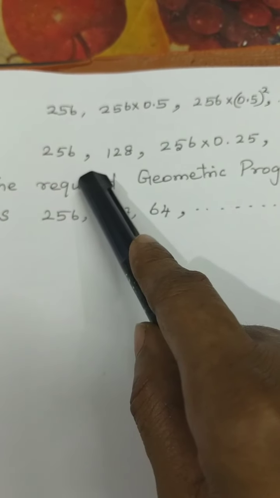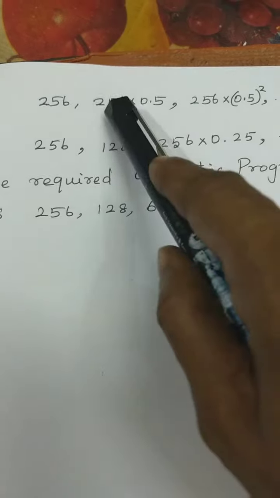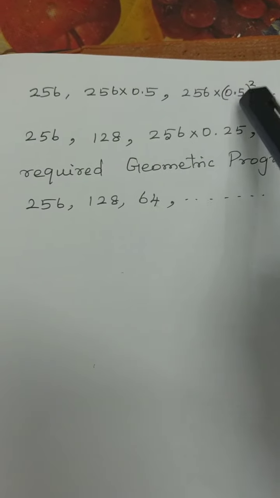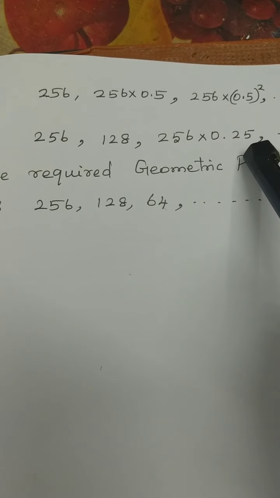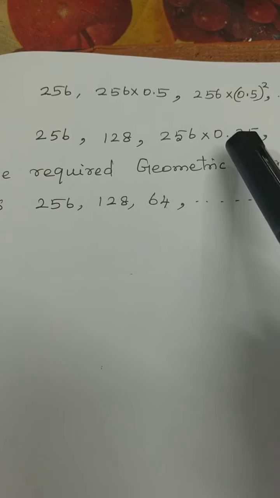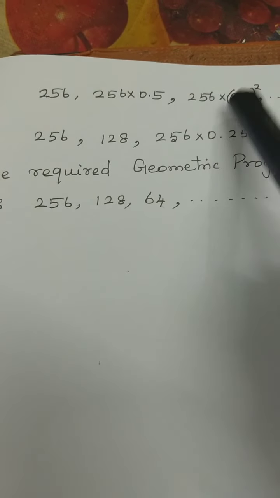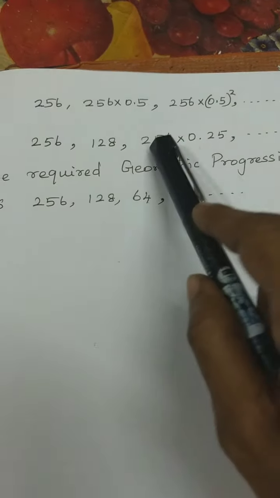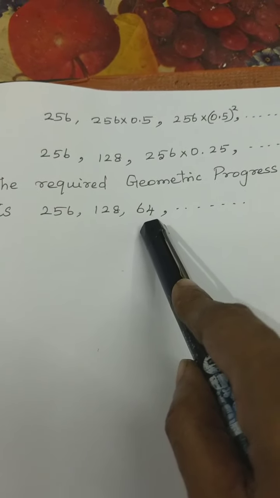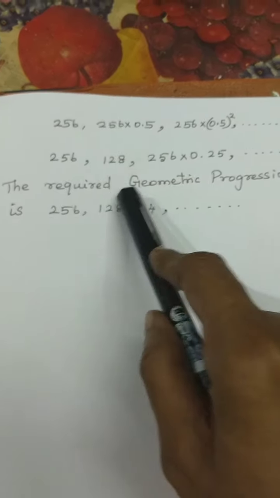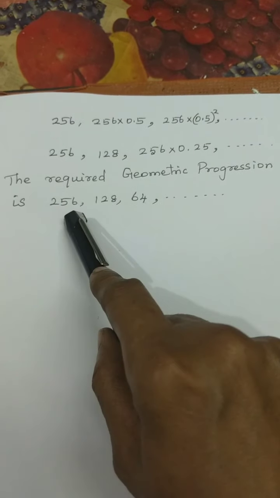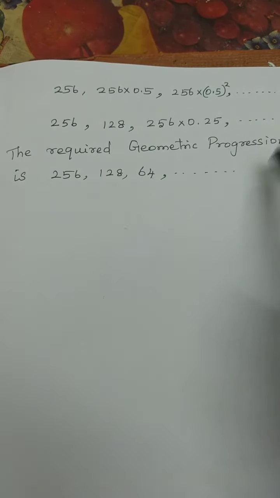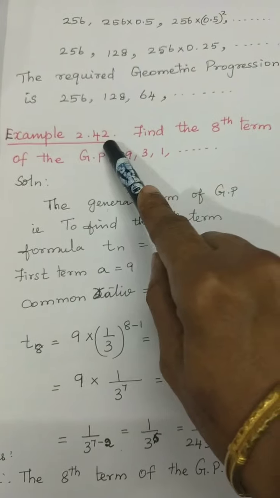So 256, 128, that is you are multiplying these two and it will come as 128. Here 0.5 into 0.5 is equal to 0.25. Okay. Here you are multiplying these two and it will come as 64. Okay. The required geometric progression is 256, 128, 64, and so on.